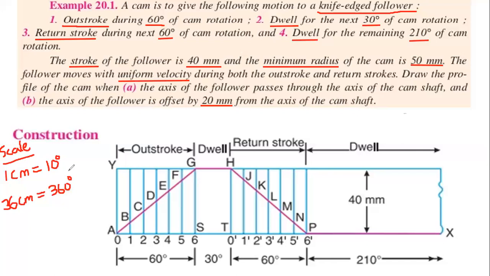So the outstroke length, that is 6 centimeters, has been divided into 6 equal parts, each part has a length of 10 mm. So there we get the positions as 1, 2, 3, 4, 5, 6. So those are the divisions.